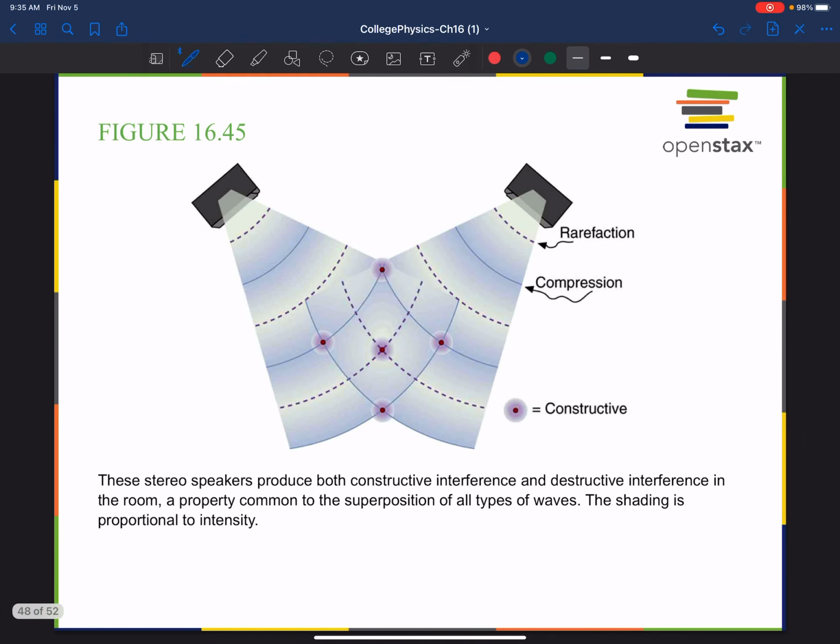And finally, I just want to mention this. If you've ever been at an event or a party where there was a speaker system set up, you might have noticed that depending on where you're standing, the speaker sounds quieter or it sounds louder, even though you haven't really moved that far. And this is simply because of the constructive and destructive nature of waves when they interfere with one another.